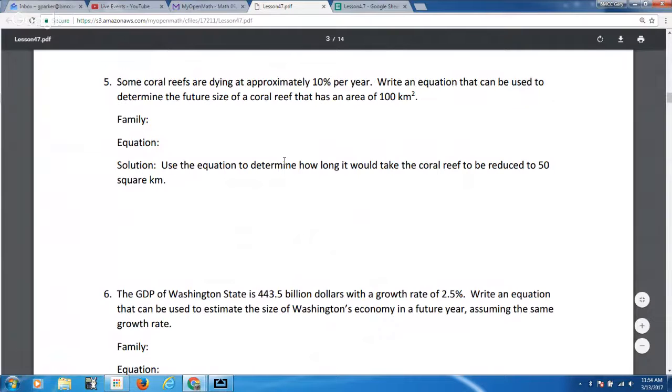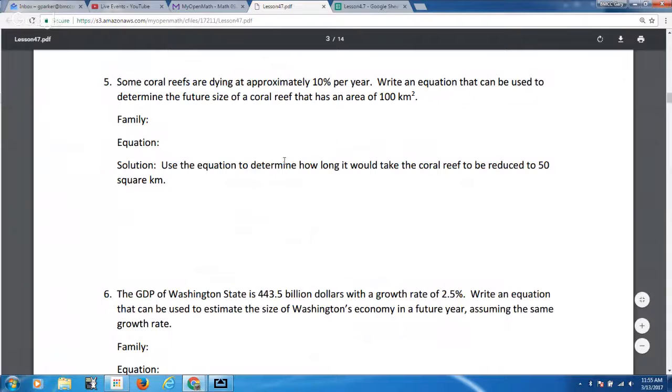Polynomial type equations or quadratic equations. Quadratic. We haven't looked at those much in the second part of quantitative literacy, but we did in the first part. So examples of quadratic are things involving area.